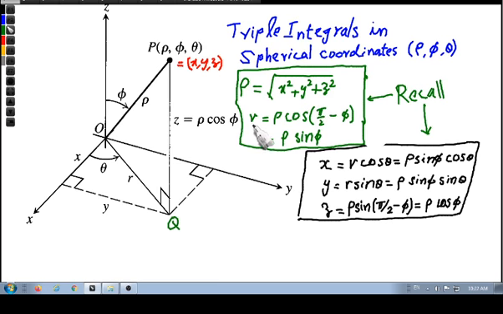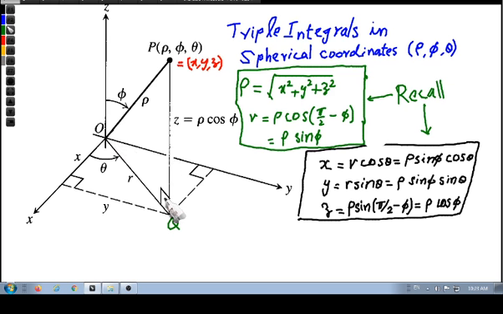Okay, now we will compute small r. So this is the angle theta. From this right angle triangle, you can get cos theta is equal to x by r, or x is equal to r cos theta. But what is r?